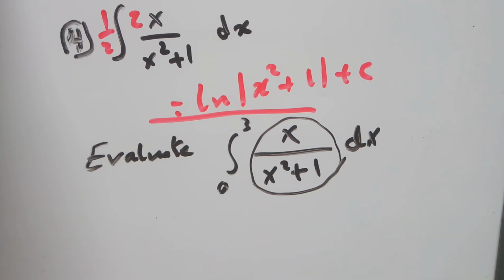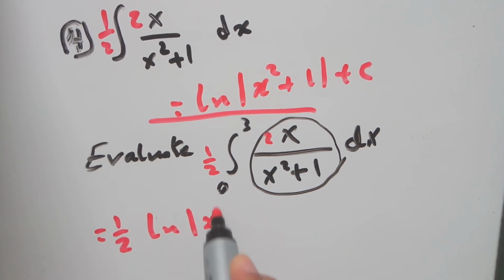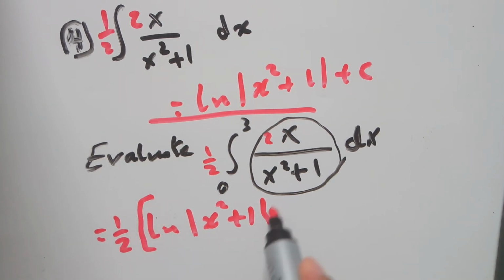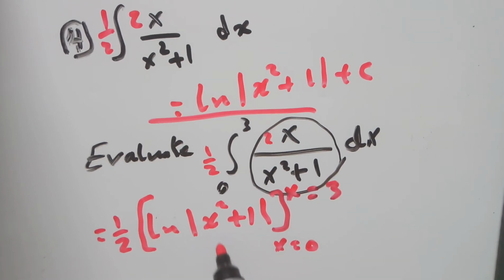You can draw the graph for this function and you can solve directly by applying this rule. Here you will multiply by 2 and multiply by half. Then you have ln absolute value of x squared plus 1, from x equal to 0 to x equal to 3. You replace x by 3 and by 0, then subtract their values.